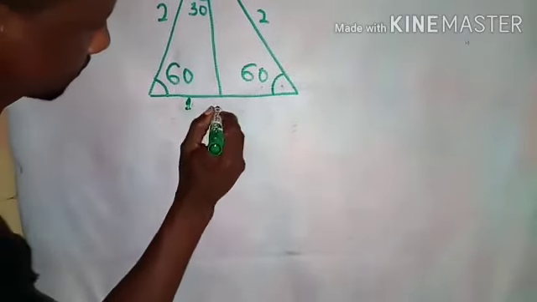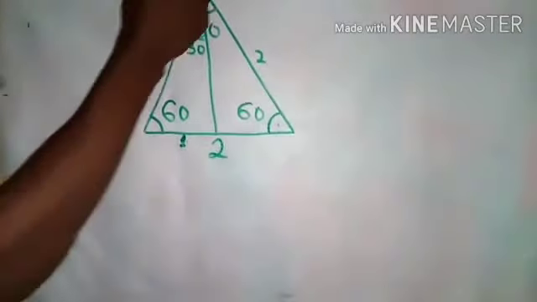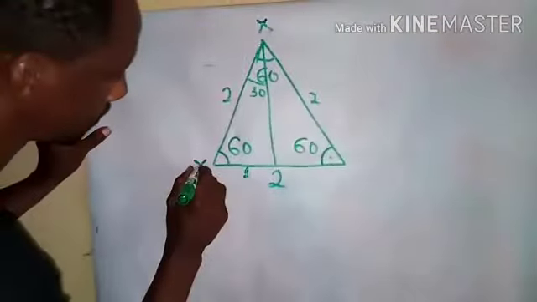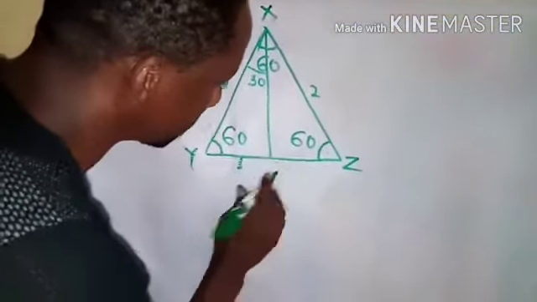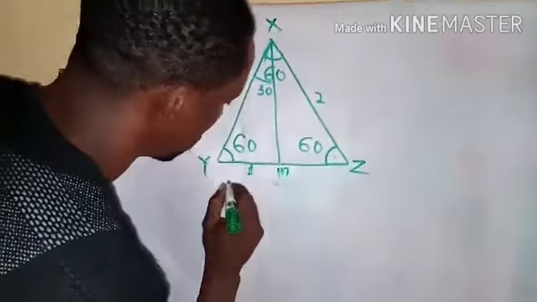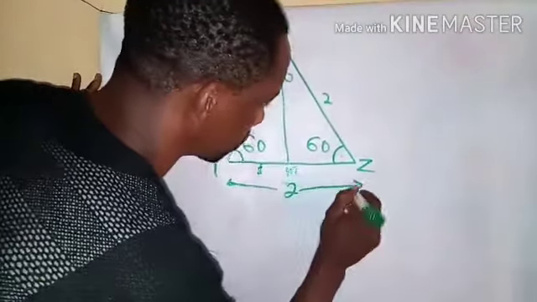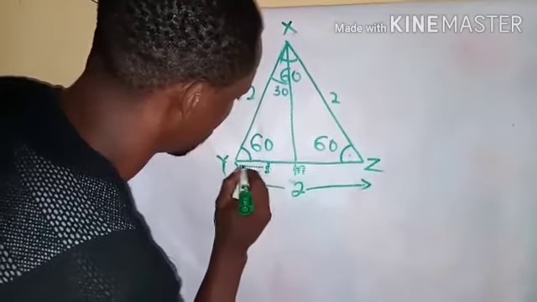This is 1. So now, let's say x, y, z, and let's name this middle m. From here to here is 2, so from here to here is 1.